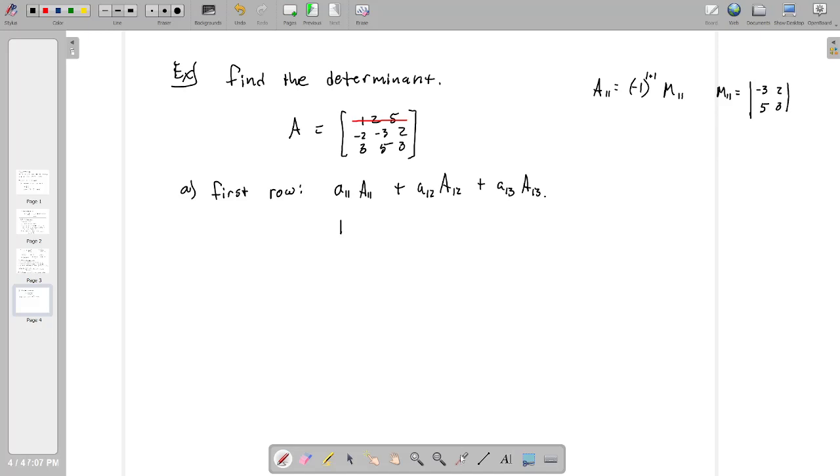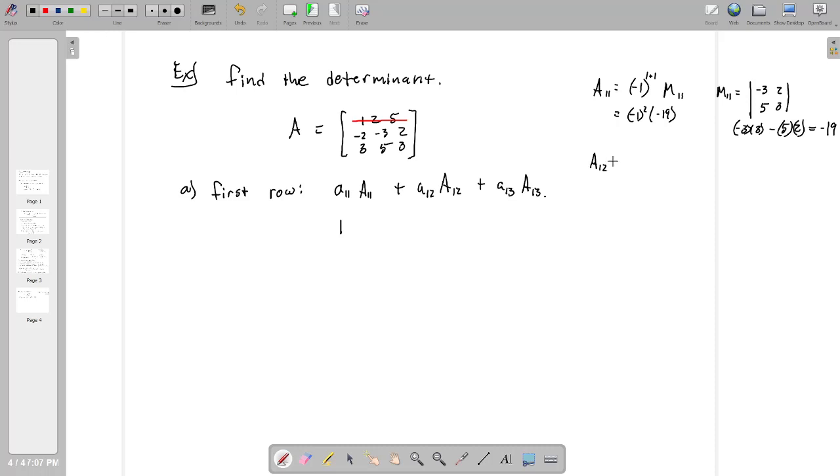Negative 3 times 3 is negative 9, minus 5 times 2, which is 10. So negative 9 minus 10 is negative 19. So A11 will be negative 1 to the second power times negative 19.